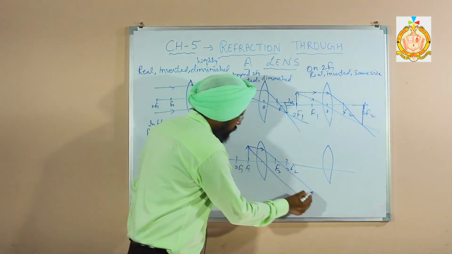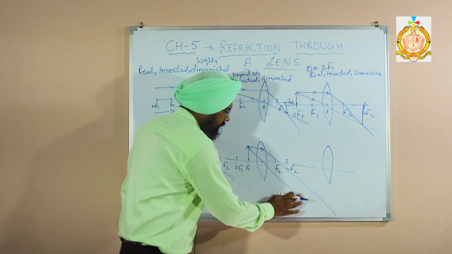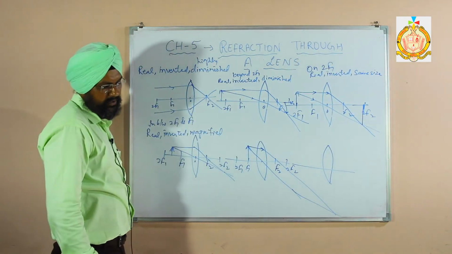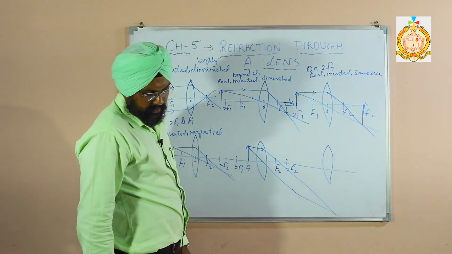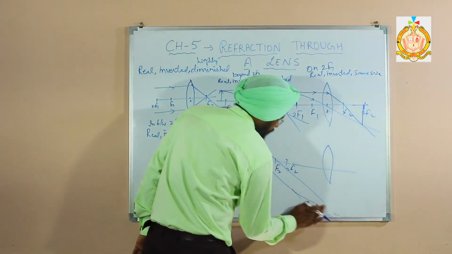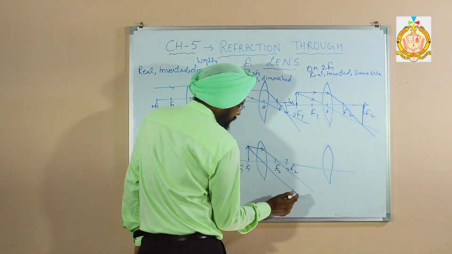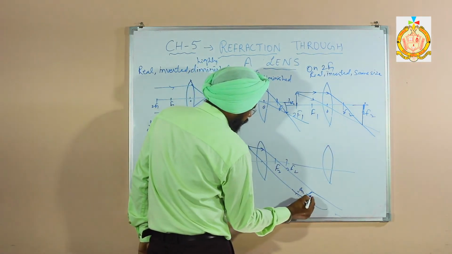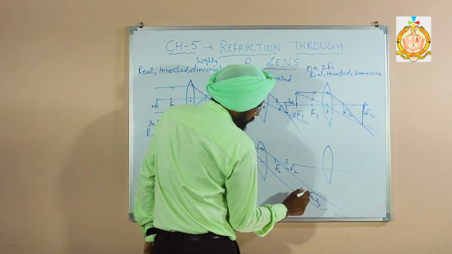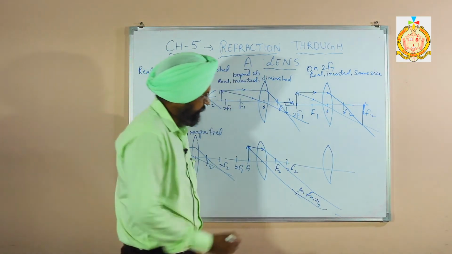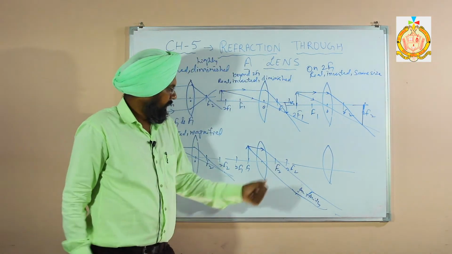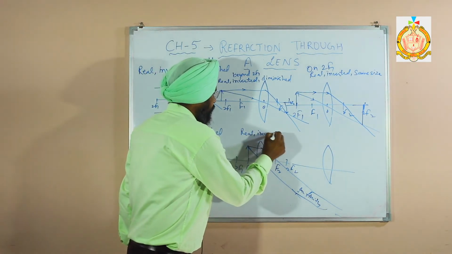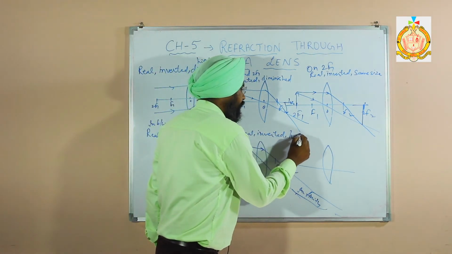Now they can meet, but only at a very far point, at a very large distance, or we can say at infinity. What type of characteristics are there? Real, inverted, and highly magnified.